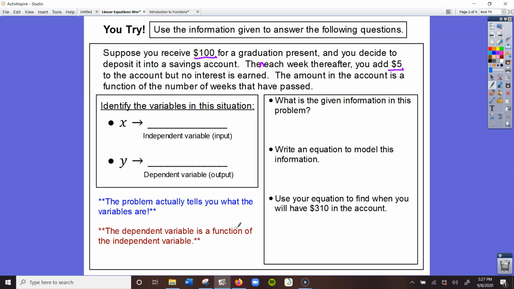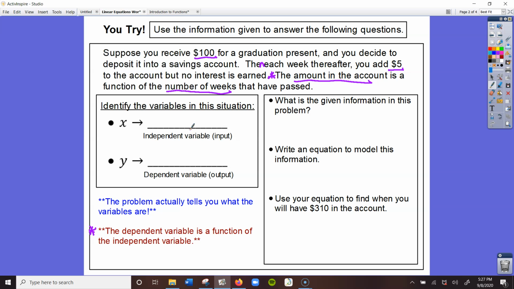Now the problem actually tells you what the variables are. The independent variable and the dependent variable are given in this last sentence. It says the amount in the account is a function of the number of weeks that have passed. Typically, and I wrote it here, the dependent variable is a function of the independent variable.